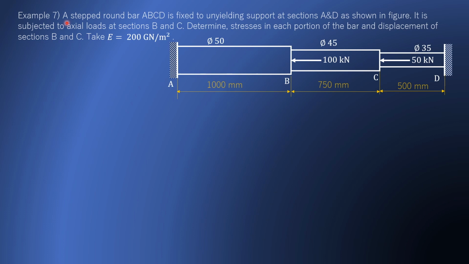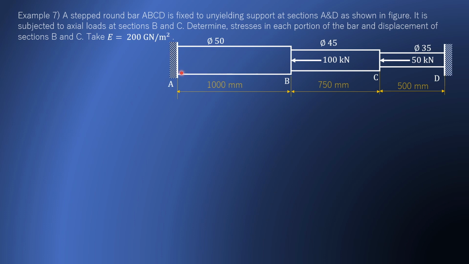A stepped round bar, that is bar with different diameters. A stepped round bar ABCD is fixed to unyielding supports. Yielding is that deformation. There is no deformation at all here.